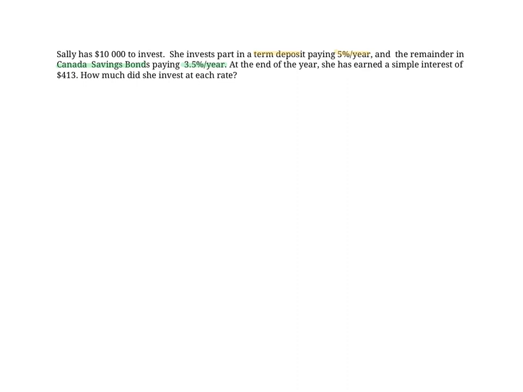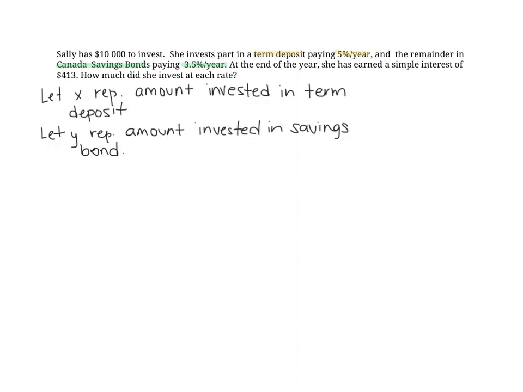So the 2 different types of investments are going to correspond to your 2 different variables. I've decided to let X represent the amount of money that Sally is going to invest in a term deposit, and let Y represent the amount of money that Sally is going to invest in the Canada savings bond. We don't know what those exact amounts are, so that's what we're trying to solve for.